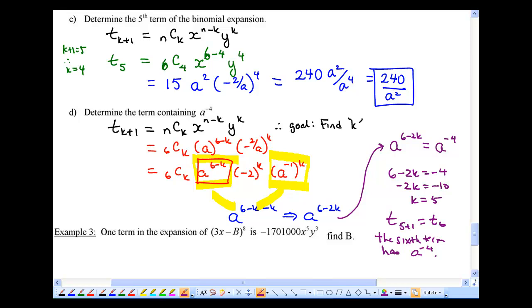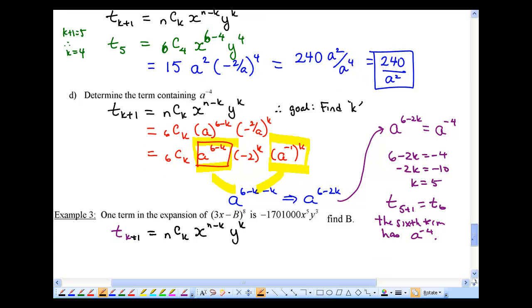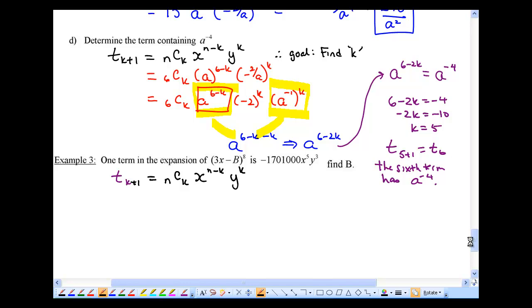Okay. Now once again, when you know a term, let's use that formula. T sub k plus 1 equals n c k, x to the power of n minus k, y to the k. What else do we know in this case? Oh yes, our x in our binomial expansion has been replaced with 3x. And our y has been replaced with negative b.